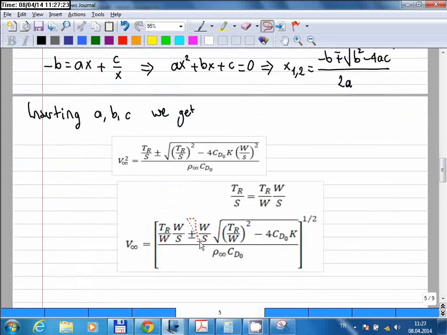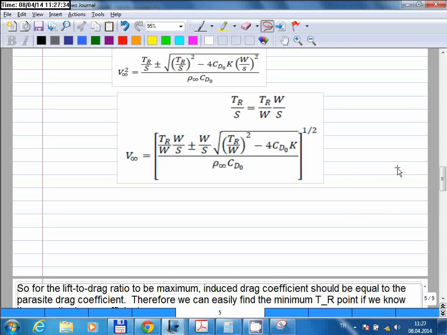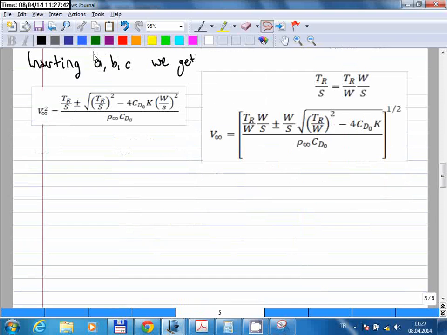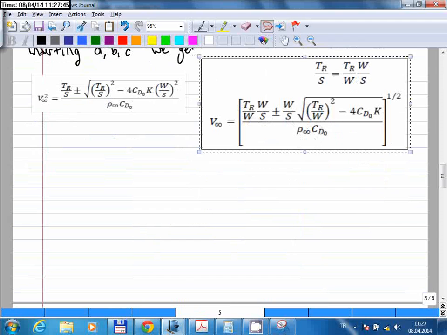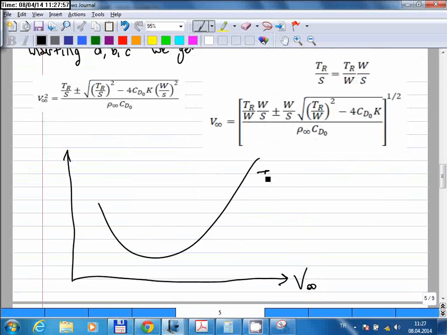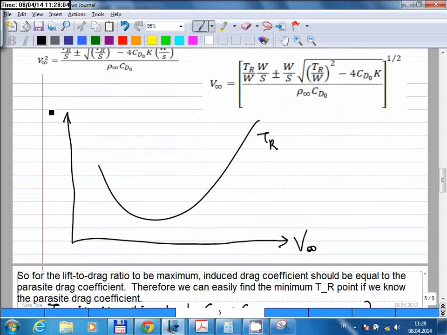You can add or subtract this term, and what you get will still be a solution.